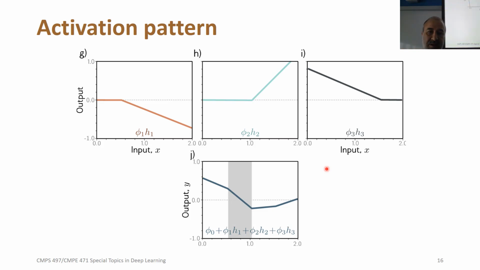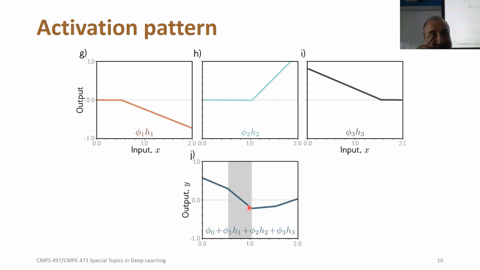Now let's talk about the value or the slope of each linear region. We call the slope here following an activation pattern. What does that mean? If you look at this region, for example, the shaded one, every hidden unit is either active, which means it has non-zero value, or inactive, which means it has zero value.